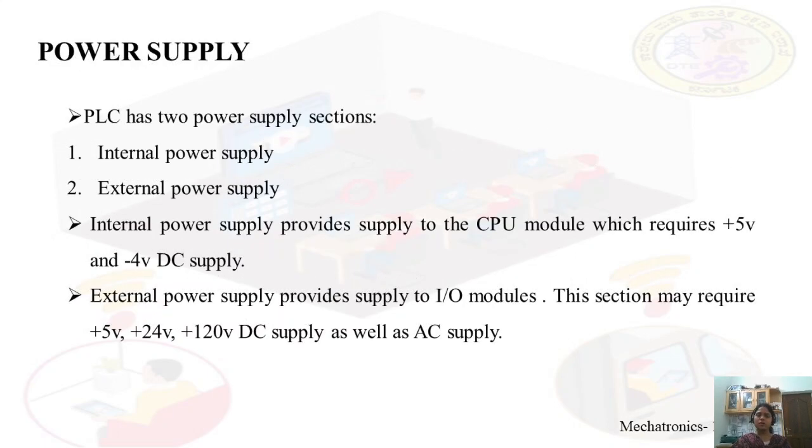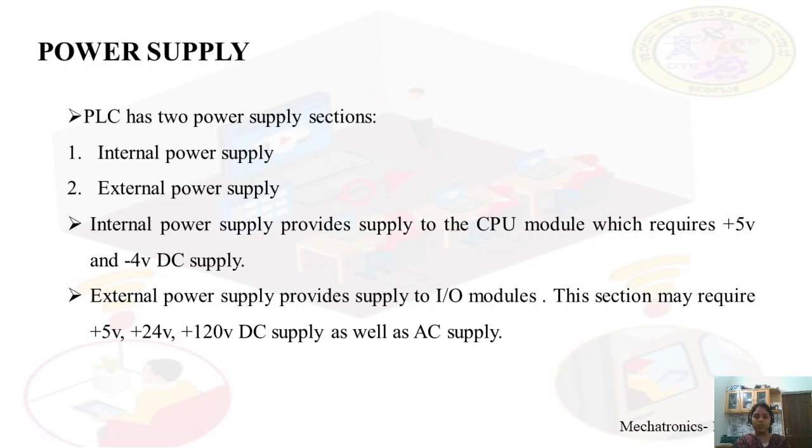And next one is the power supply. Power supply is the important thing. PLC has two power supply sections: one is your internal power supply and the other one is the external power supply. Internal power supply provides supply to the CPU module, which requires plus 5 volt and minus 5 volt DC supply.